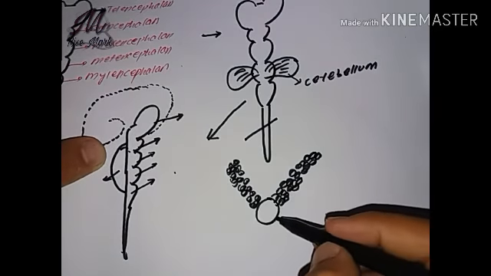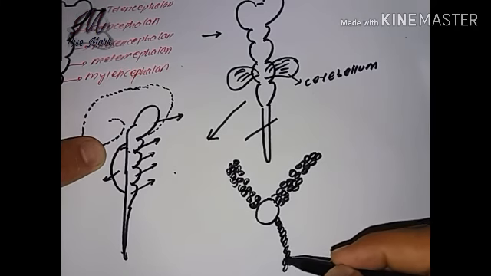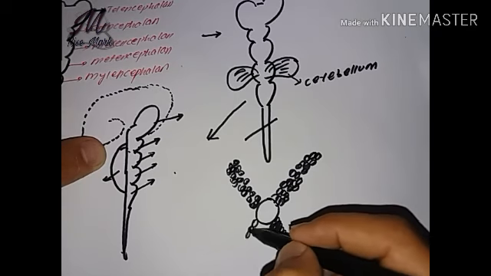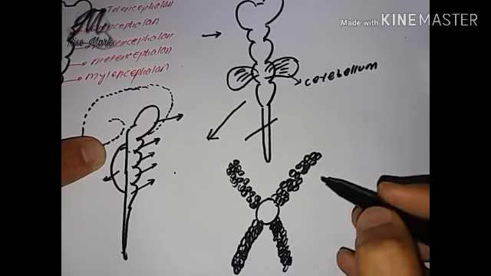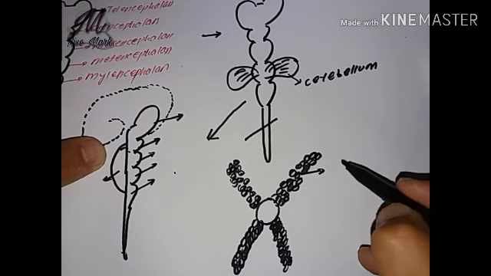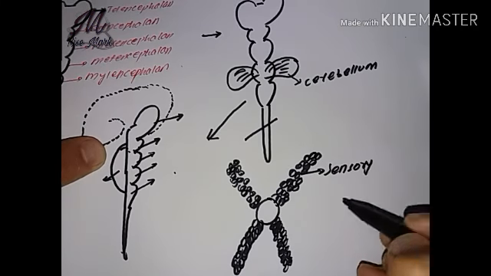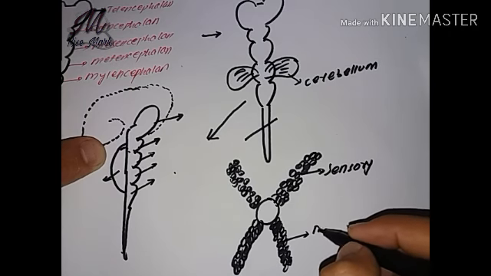Then some cells will start growing anteriorly and make the basal plate. The alar plates are concerned with sensory function, and the basal plate is concerned with motor function.